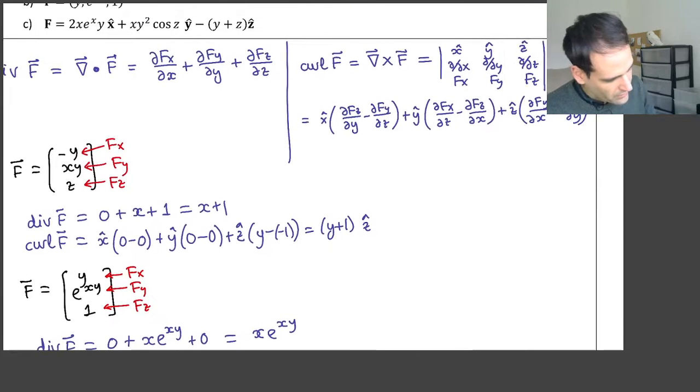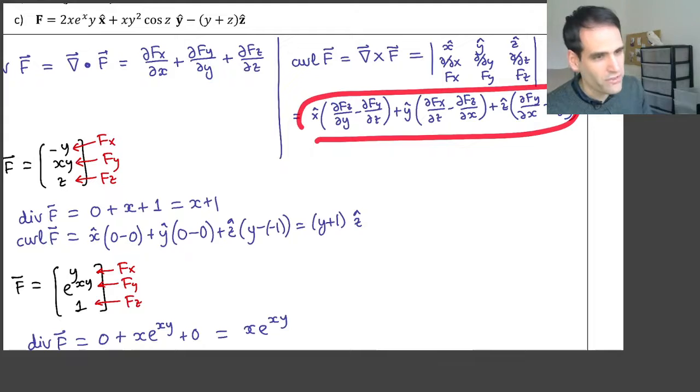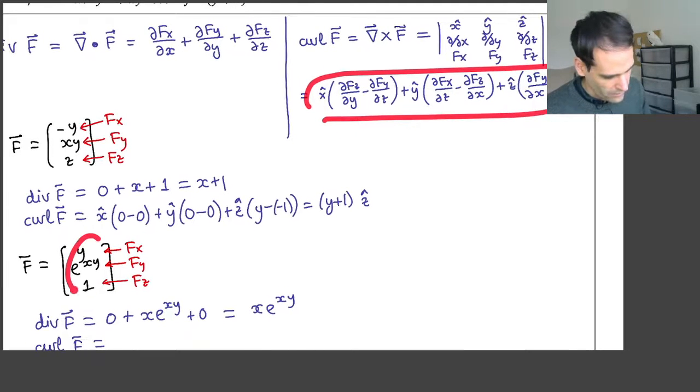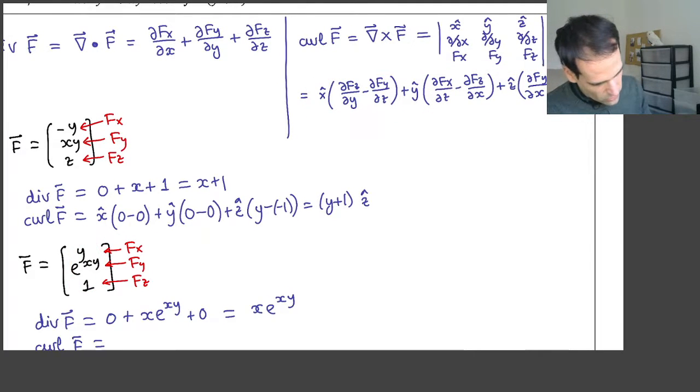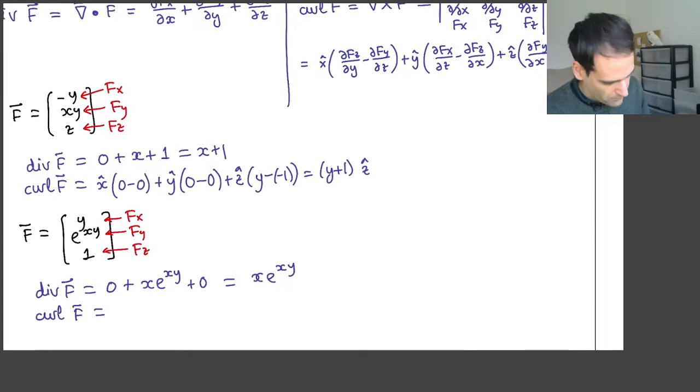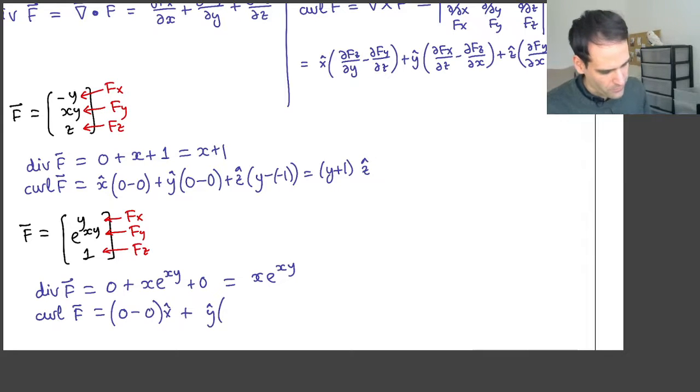Now the curl. So to calculate the curl, we can apply our equation, which we have here, and we have to apply it to these functions here. So let's do it. Partial of fz with respect to y, 0, minus partial of fy with respect to z, 0, times x hat. Now plus y hat times partial of fx with respect to z, 0, minus partial of fz with respect to x, 0.